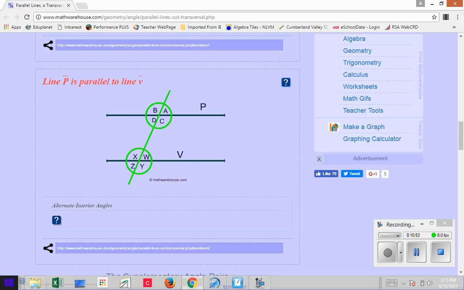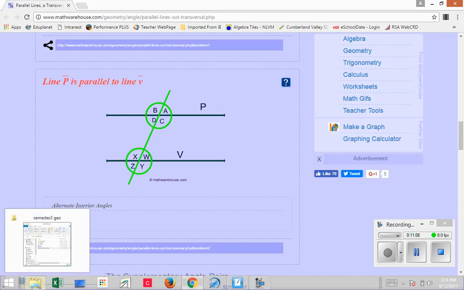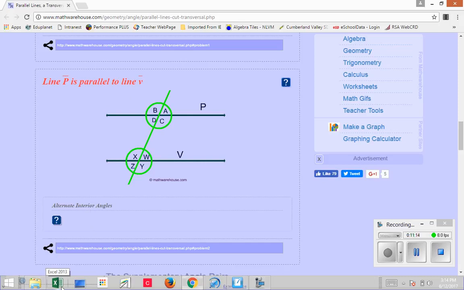So the alternate interior angles, let's find some. I see angle C and angle X. Angle C and X are alternate interior angles because they're on opposite sides of the transversal and they're on the inside of the lines. Also, angle D and angle W are alternate interior angles for the same reason. And we can check ourselves here.